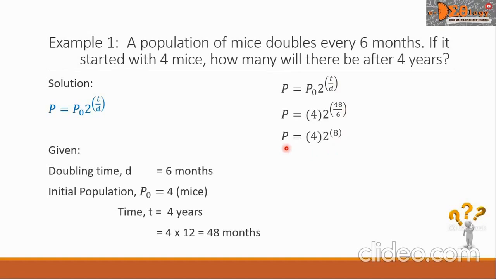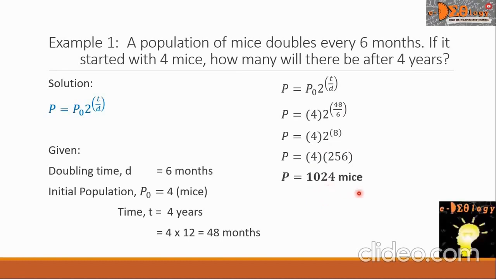So we have now our line here as 4 times 2 raised to 8. Simplifying, 2 raised to 8 is 256. And the product of 4 and 256 is 1024. Number of mice after 4 years. This is our final answer.